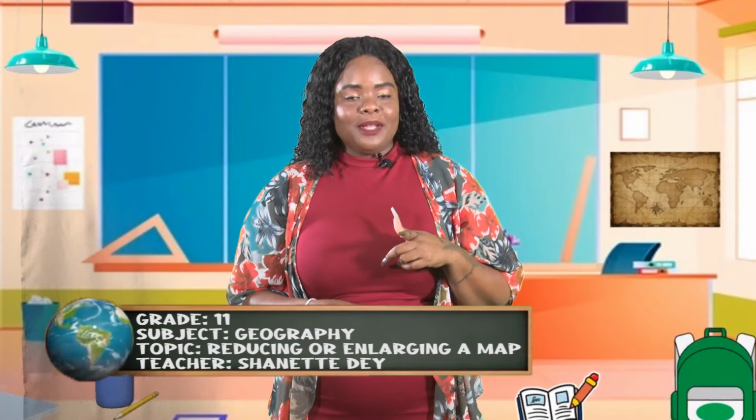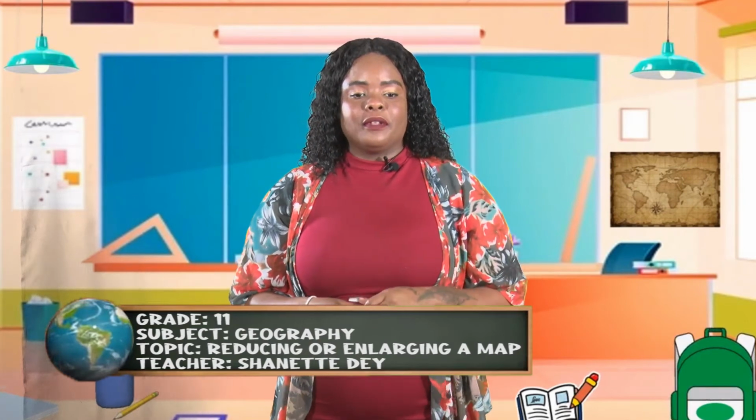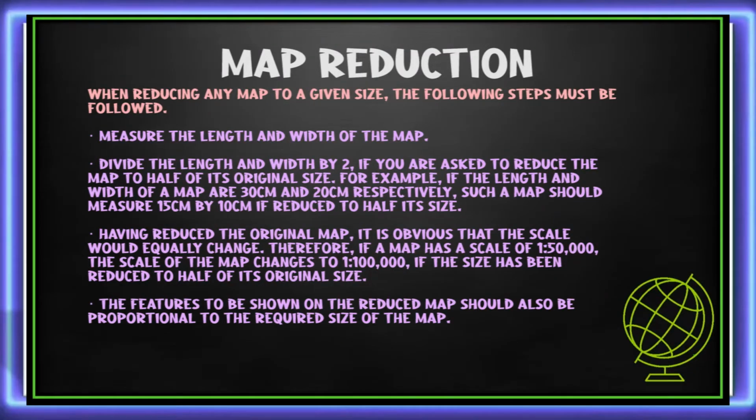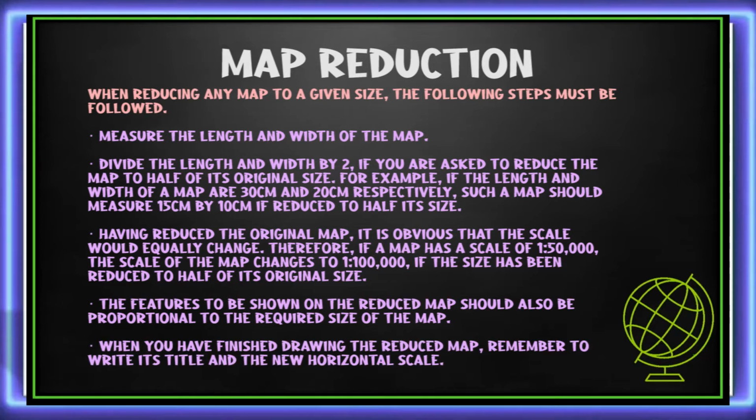I hope you're following and keeping up. Now, the features shown on the reduced map should also be proportional to the required size of the map. Now, when you have finished drawing the reduced map, remember to write its title and the new horizontal scale.